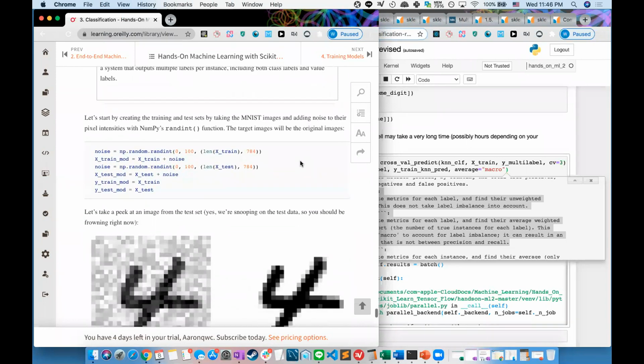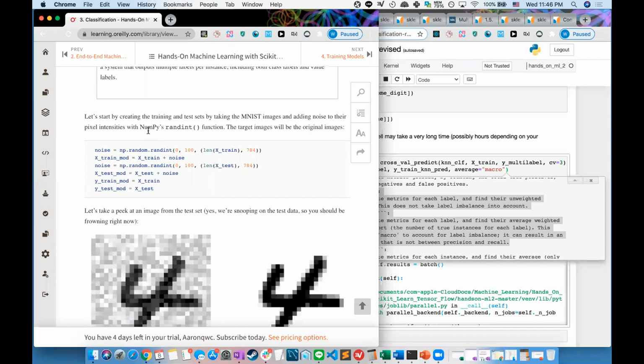Let's start by creating the training and test sets by taking the MNIST images and adding noise to their pixel intensities with NumPy's randint function. The target images will be the original images.